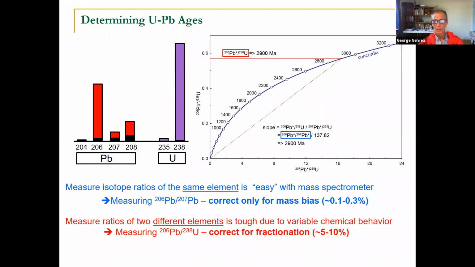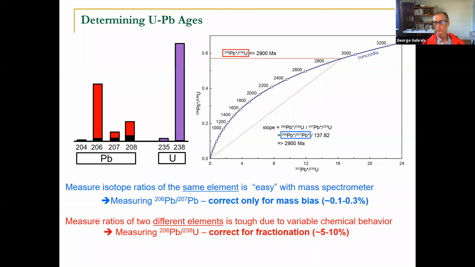Good news. Okay, it turns out of these two systems, you measure them actually in somewhat different ways. It turns out that measuring the isotopes of lead, 206 to 207, for a mass spectrometer, that's actually kind of easy. Mass spectrometers can do this quite well, and that's because lead 206 and lead 207 behave quite similarly in the plasma as they go through the mass spectrometer, as they're separated in the analyzer. 6 and 7 behave pretty similar, and that's because they're the same element, right?